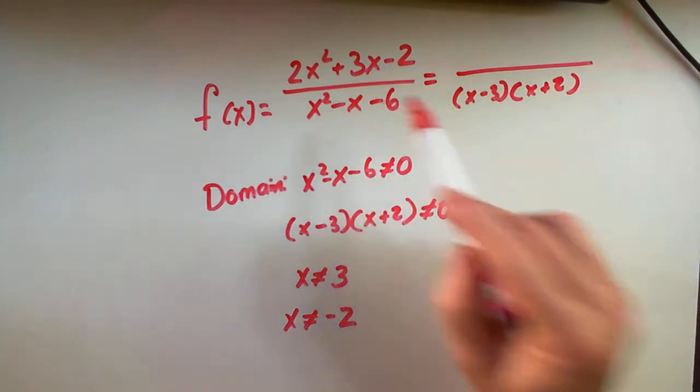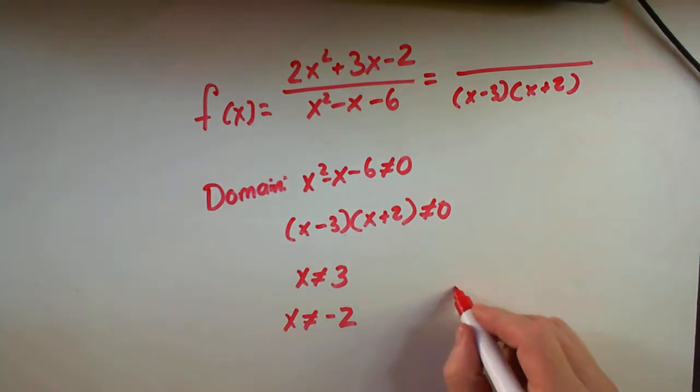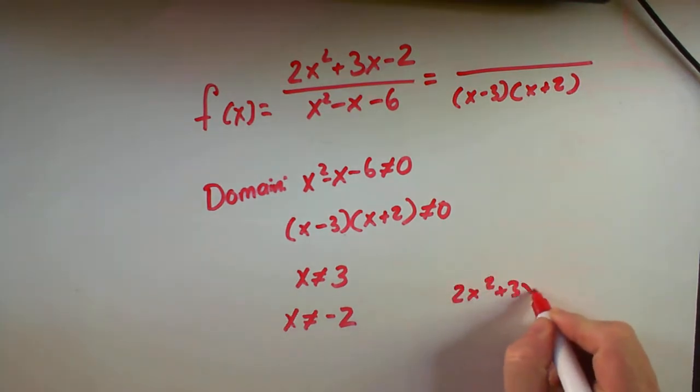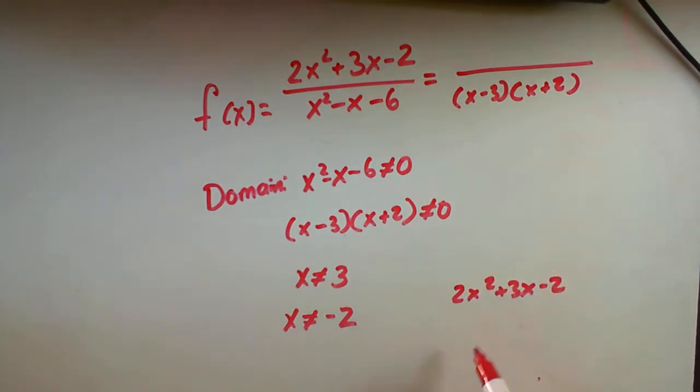Now we have to factor the top. So I'm going to come down here real quick. 2x squared plus 3x minus 2. I'm going to divide by 2, so that's going to be x squared plus 3x minus 4. Now I'm going to factor that to x plus 4 times x minus 1.